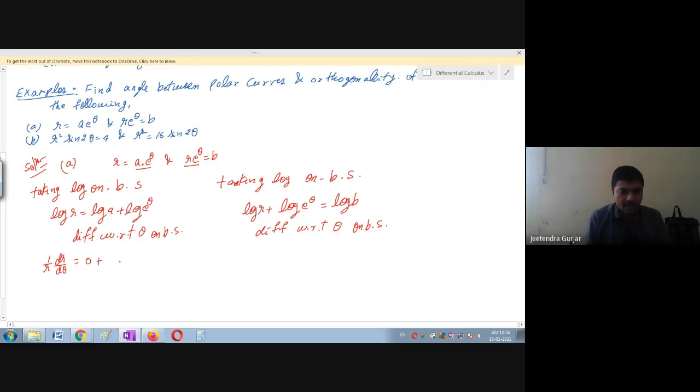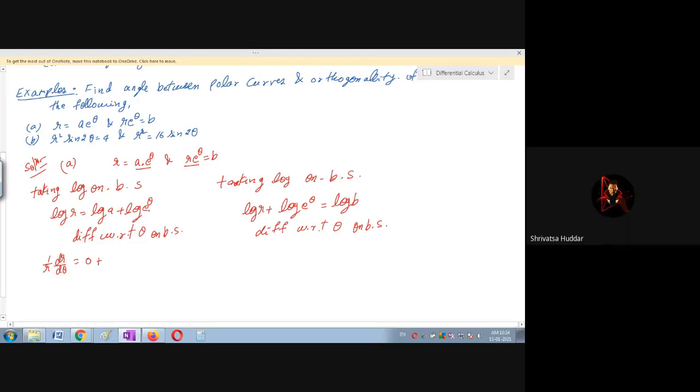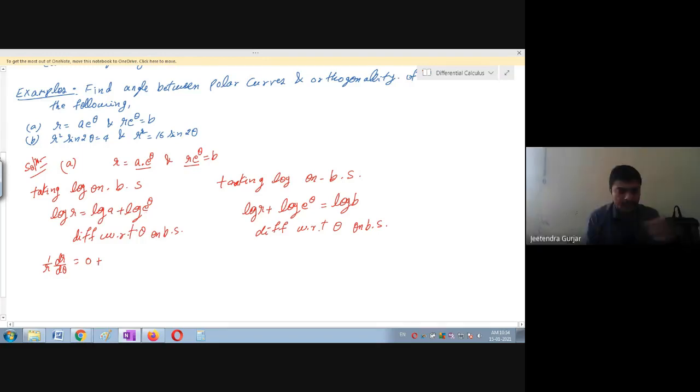Plus again now differentiation of log e raised to theta. Theta log e. Yes, it is theta log e, or if you differentiate it once again, I will rewrite here how you will differentiate with respect to theta, that is log e raised to theta.